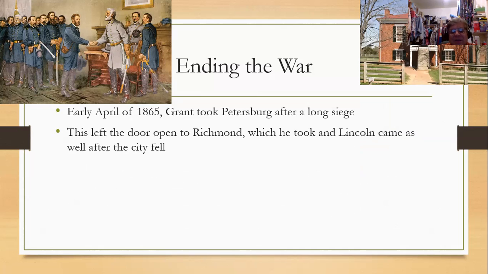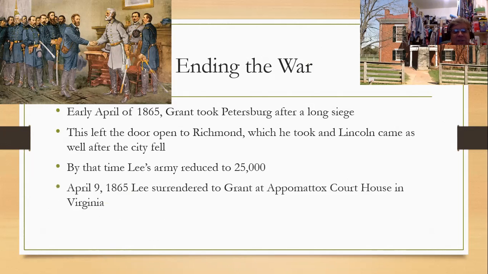And when he takes it, Lincoln actually goes there after the city falls, the war's ending. And Lee's army has been reduced to 25,000. And on April 9th, 1865, Lee surrenders to Grant at the city of Appomattox Courthouse in Virginia, and the long war ends.